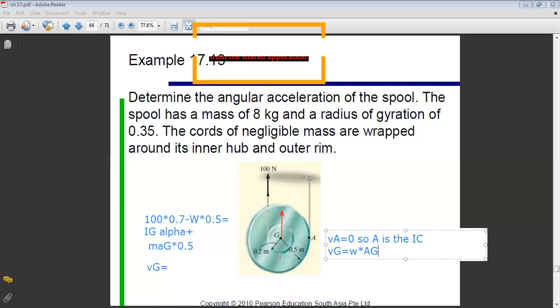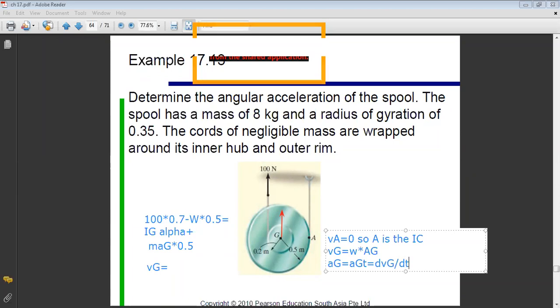Now, because G is doing translation, acceleration and velocity will be along the same line, so I don't have a change in direction for velocity or acceleration. Therefore, I can derive this relation. This relation is always applicable, and it only varies in magnitude, not in direction. To find AG, AG is restricted to AG tangential because it's a rectilinear motion for G, equal to the derivative of VG with respect to time.